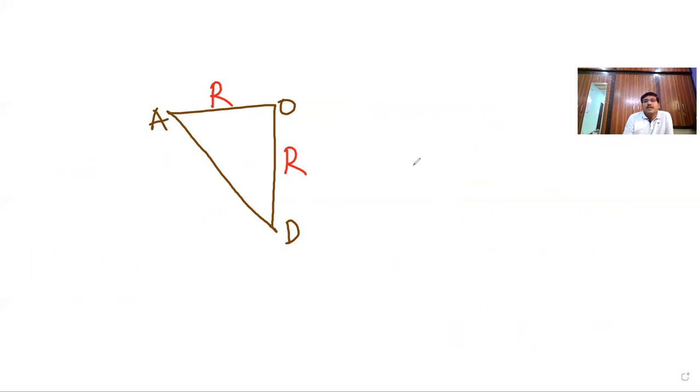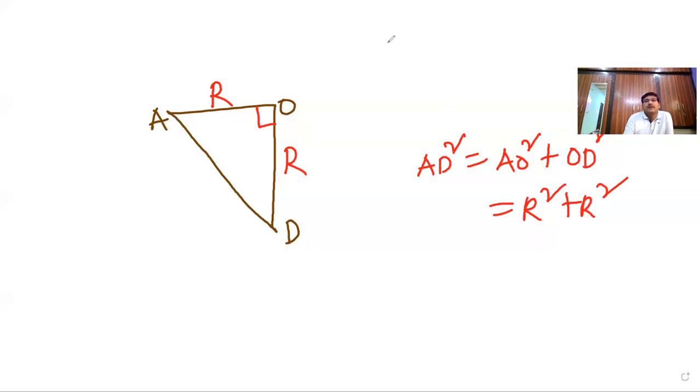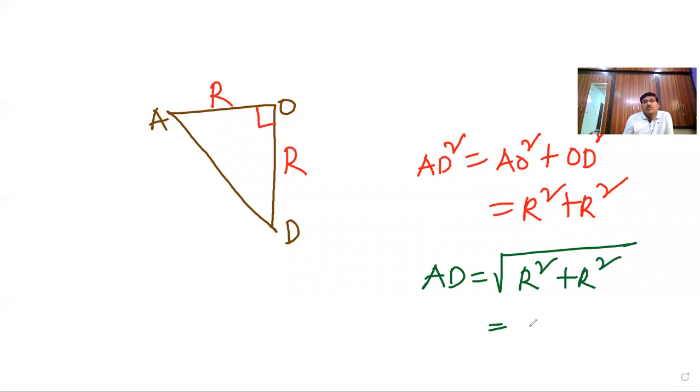So AD square, right angle is here, is AO square plus OD square. So R square plus R square. So finally, AD is under root of R square plus R square, 2R square under root.